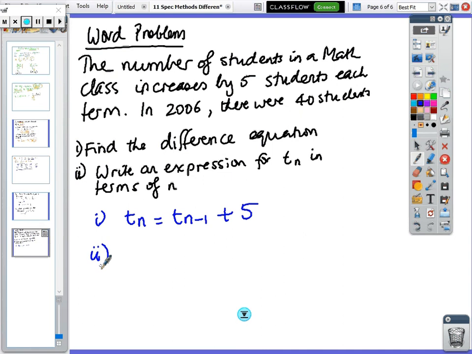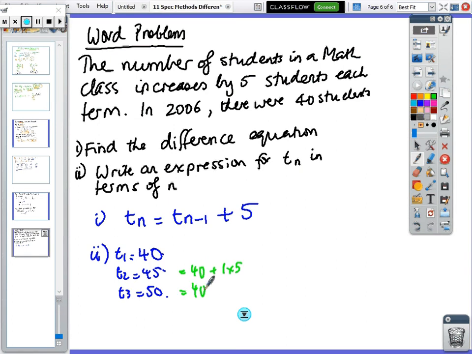And in part 2, what we're going to do is establish the pattern. So the pattern is 40 for the first number, so T1 equals 40, T2 equals 45, T3 equals 50, because we're just taking the previous number and adding 5, etc. And so the pattern could also be written as, and this is something that we're going to study more formally, 40 plus 1 lot of 5.